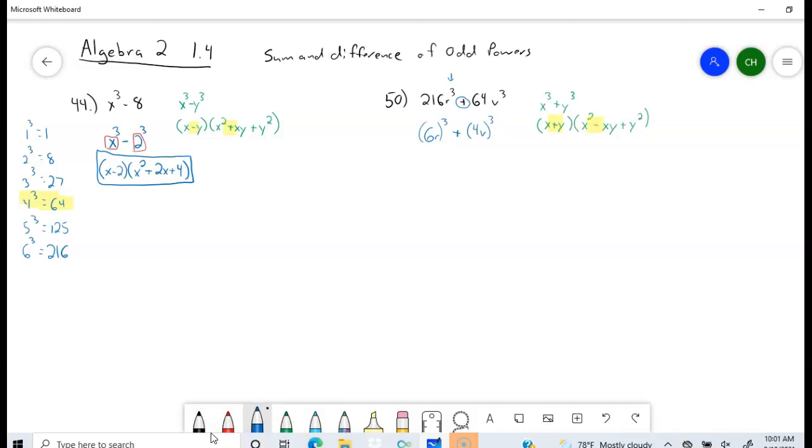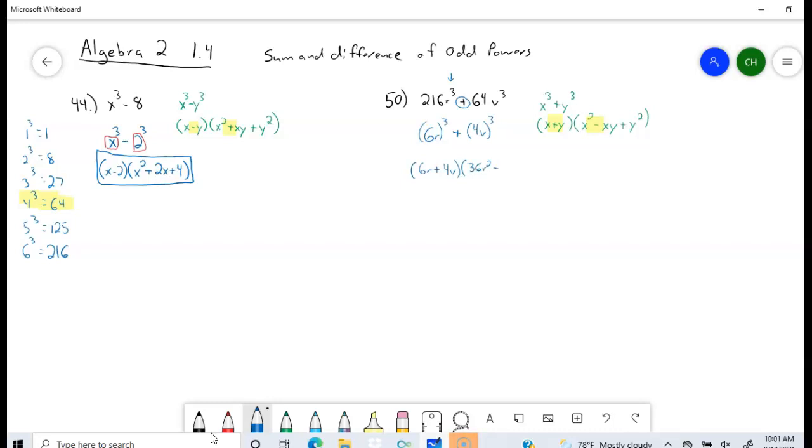Okay? So on mine, I'm going to have the base of the first, which is 6r, plus the base of the second, which is 4v. I'm going to be multiplying that times the quantity of the base of the first one squared. So (6r) squared is going to be 36r squared.